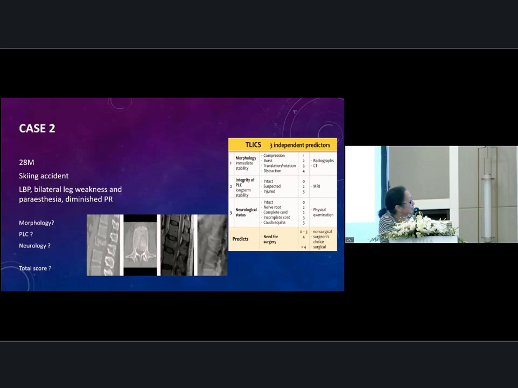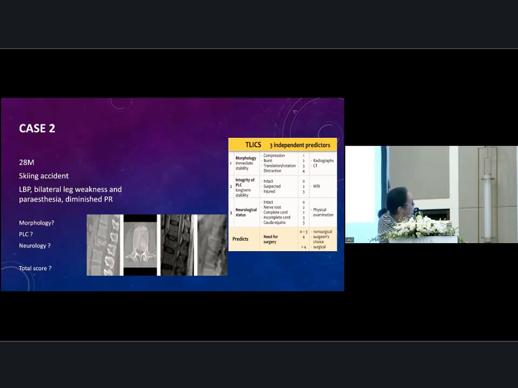And the posterior ligament, it's a bit deceptive, but 2. 2, correct. I would agree. And neurology, 2 also. 2 or 3? 3, probably 3, because he's got some leg weakness, diminished PR. Yeah, 7 points.